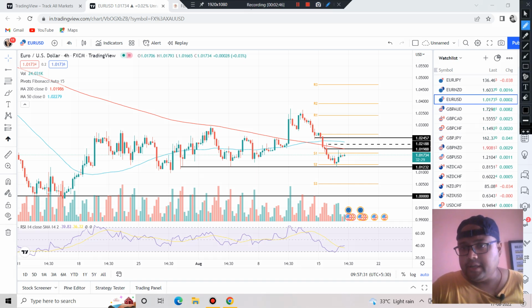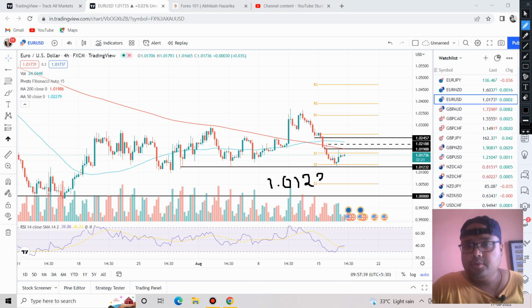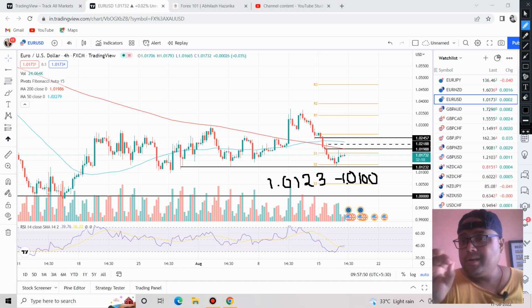If during the day you see market coming down to this level again, 1.0123, do not take any sell position, because this is a support zone on the chart of Euro USD.